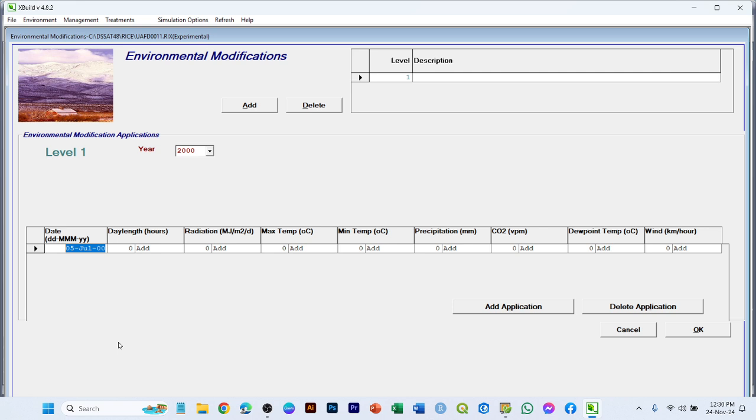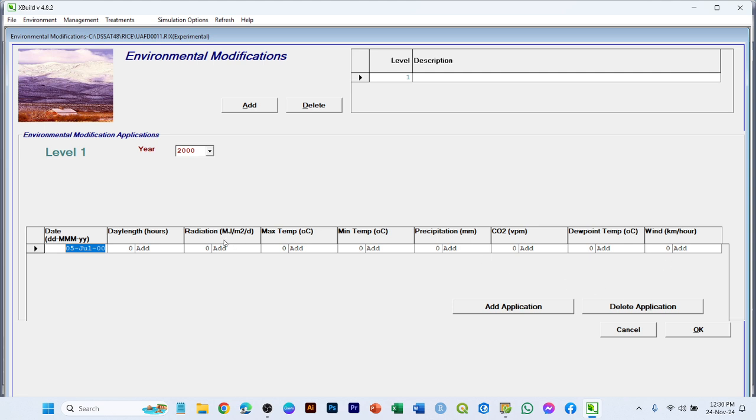So this is again for day length, radiation, maximum temperature, minimum temperature, precipitation, CO2, dew point temperature, and wind. All these parameters we have to consider in environmental modification, and what types of future projections for our environment there will be.